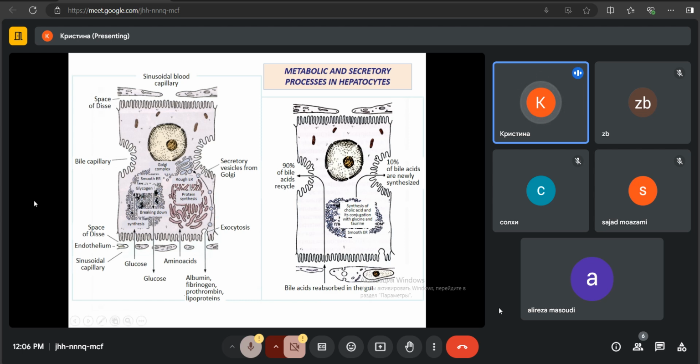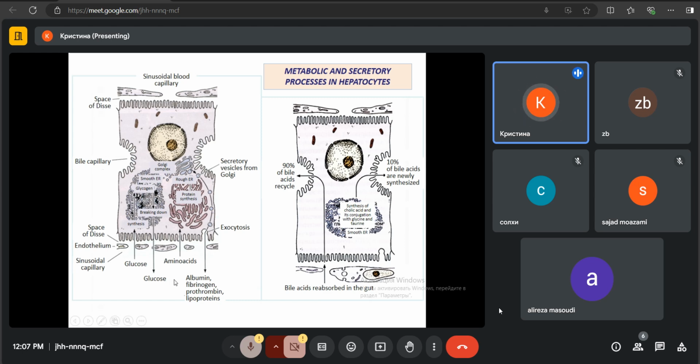And also, smooth endoplasmic reticulum is the organelle which provides detoxification of toxins. As I said previously, all blood from intestines comes to liver for detoxification of something potentially dangerous from our food. And this detoxification happens also in smooth endoplasmic reticulum.